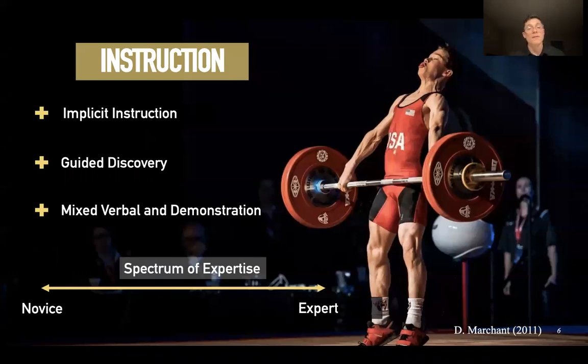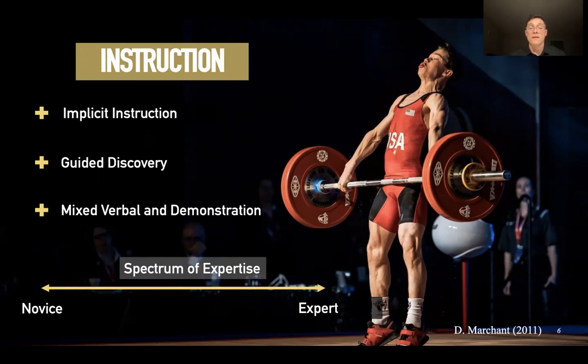Moving forward, as I mentioned, we are going to be utilizing the implicit instruction model, and we're going to be moving Danny along the spectrum from novice to expert, hopefully being able to utilize a guided discovery approach. I say this along with implicit instruction because, as I mentioned, these are the models that are most resistant to what's called reinvestment.